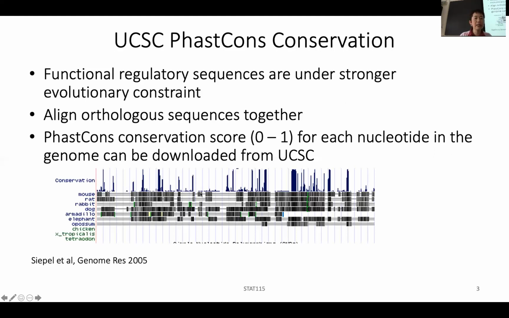You can imagine that if we cut off at, say, 50% conservation, so this, remember, is a score between 0 and 1, if we cut at 0.5 on the conservation score, you are not going to eliminate just 50% of the sequence. You can see if you cut off at this point, you're going to eliminate probably 90% of the sequences that are not conserved. That is not to say that the things which are not conserved are completely useless.